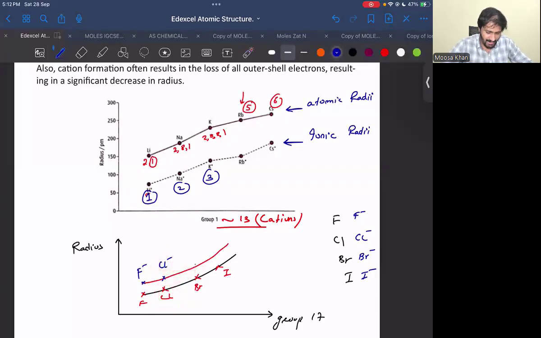A bromide ion, after gaining an electron, has a slight increase in repulsion between the electrons, so they move farther away from each other. So there is a slight increase in size of the bromide ion as compared to the bromine atom, and the same goes for iodide. Got it?